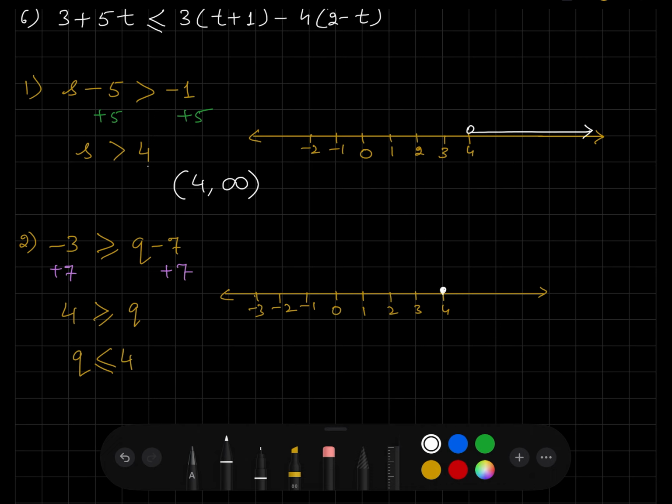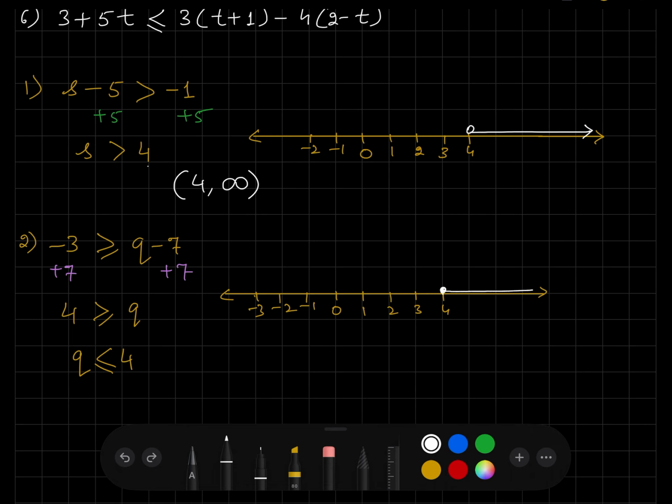So q can be 4 also. In the previous case, 4 was not included, which is why I had put a hole there. Here 4 is included, and all the values less than 4 are also part of the solution set.